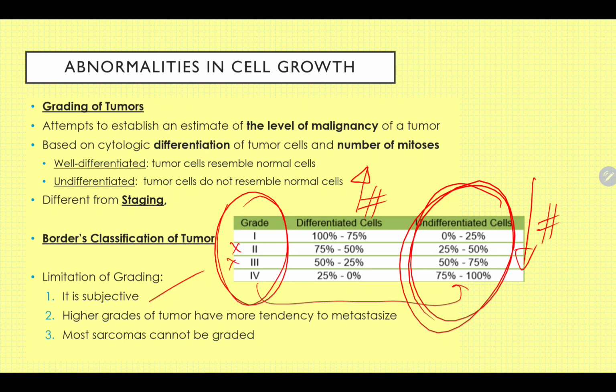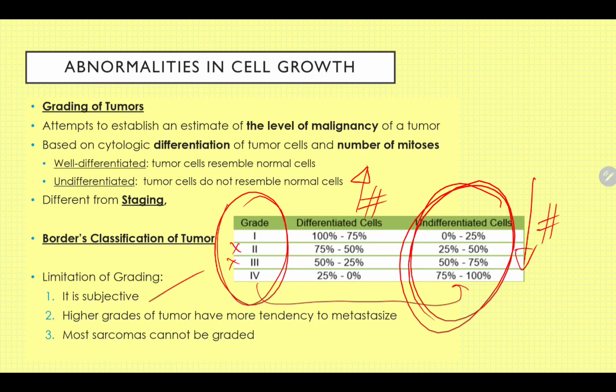For number 3 naman, most sarcomas cannot be graded. Yes, this is true po. Why? Because these are our connective tissues. Remember, ginagamit natin ang term na sarcoma if connective tissue or mesenchyme yung origin ng tumor. Since the connective tissue is constantly needed, kasi sila yung nag-supply, for example, blood is an example of connective tissue.